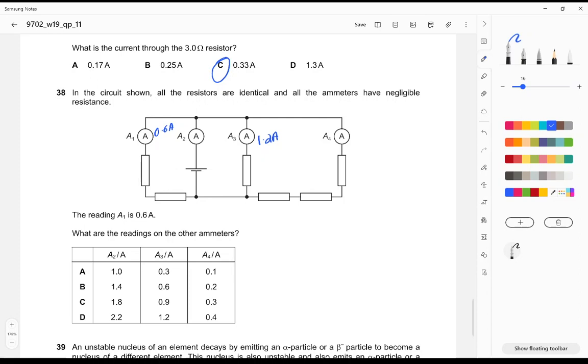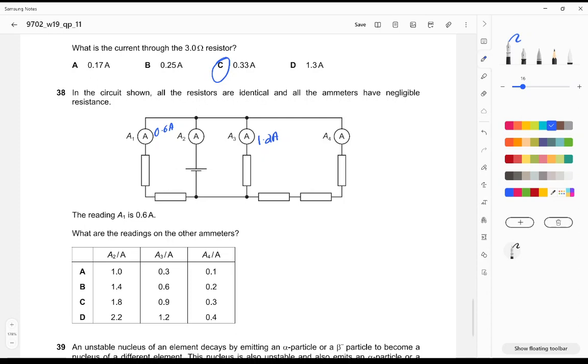And if we look at, we have three resistors over there. So we can find this A2 directly. Let's work this out as well. A4: we have three resistors in this branch. No, I just made a mistake.